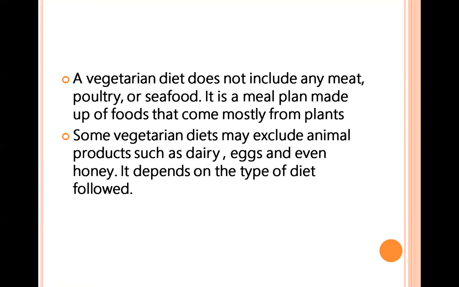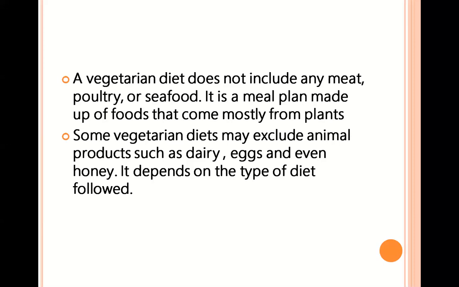Some vegetarian diets may exclude other animal products as well, such as dairy products, milk products, eggs, and even honey, because honey from bees is also a product of animal origin.